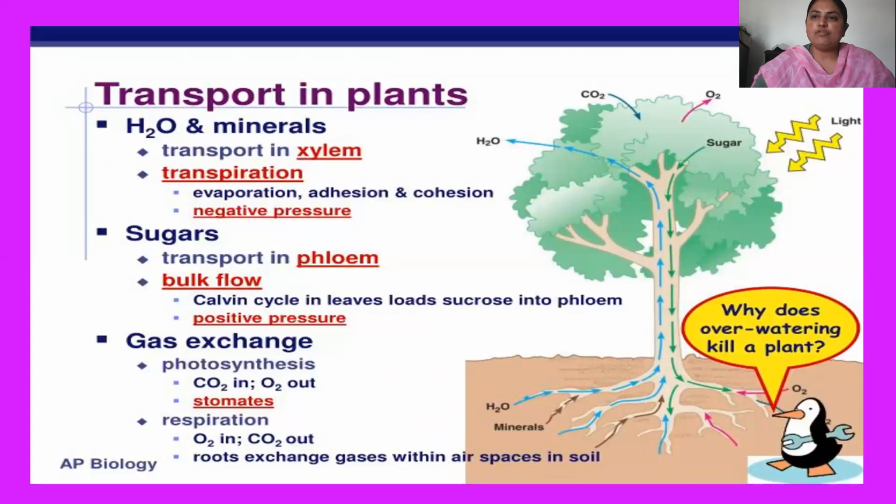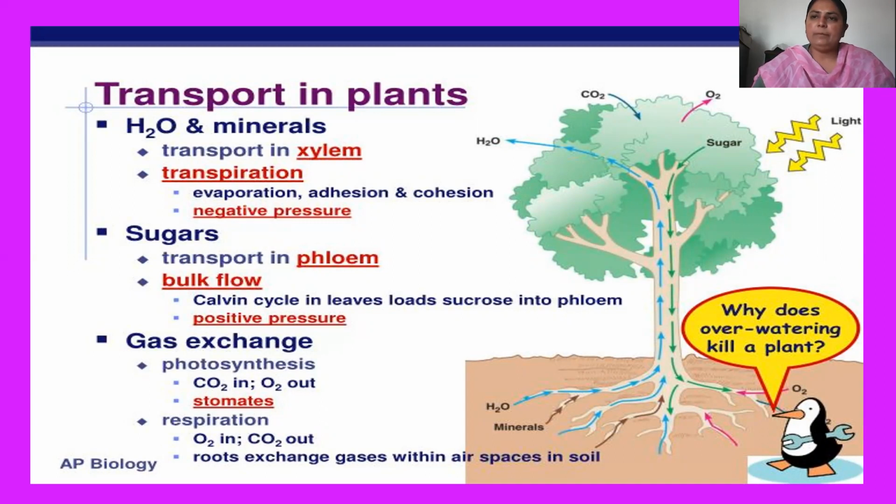Another thing is that sugars are also translocated in the plant, and the chief tissue responsible for this is the phloem. The flow of these simplest sugars, which may be glucose or fructose, happens in the form of a bulk flow. This bulk flow starts from the leaves of the plant and moves towards the target organ.